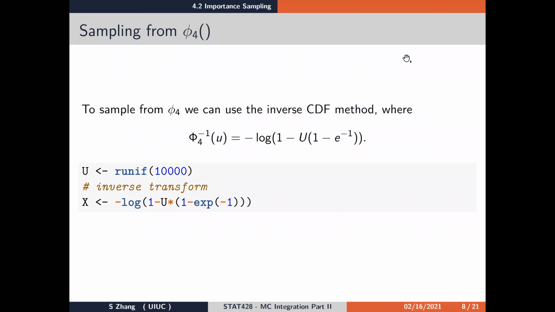So we can do this using the inverse transform or the inverse CDF method we learned in the first week. In this case, the inverse of the CDF of phi 4 is given by negative natural log of 1 minus u times 1 minus e to the negative 1 power. So I think I should have replaced this big U by small u, but you get the idea.